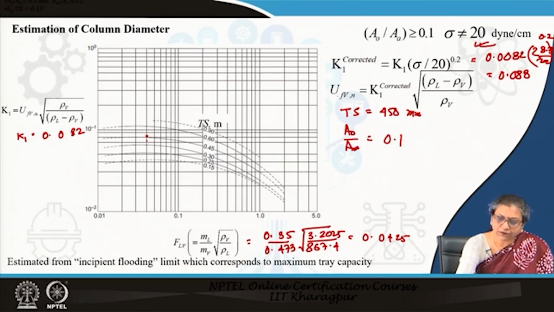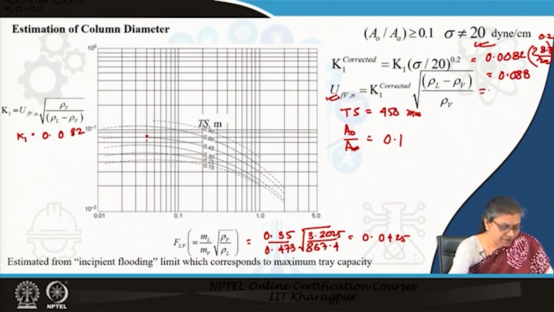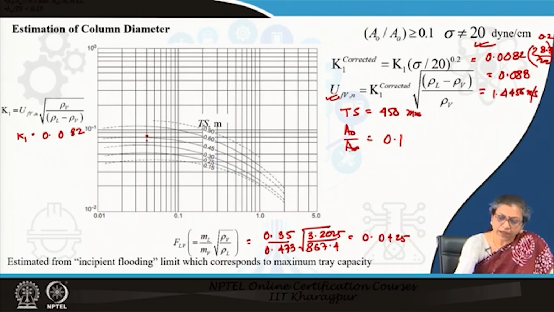Now, once we have got it, using this particular equation you can make the substitutions, and from there you will get UFVN to be around 1.4456 meters per second. Here we can assume the approach to flooding to be 85% as I have told you, right.